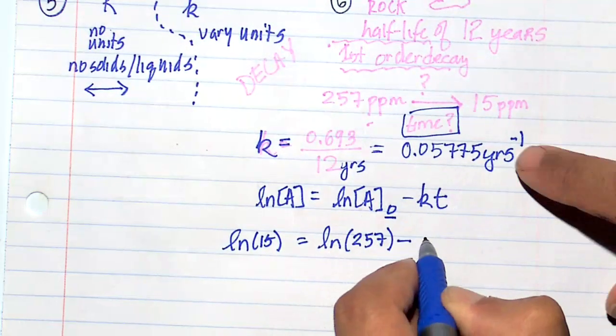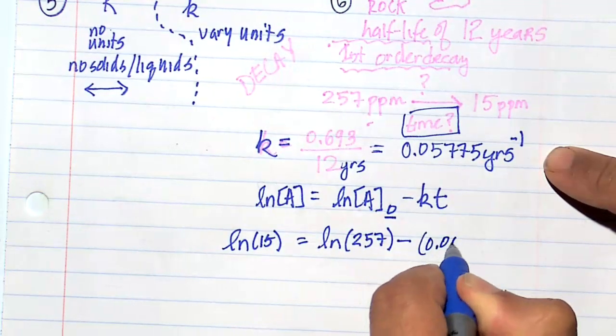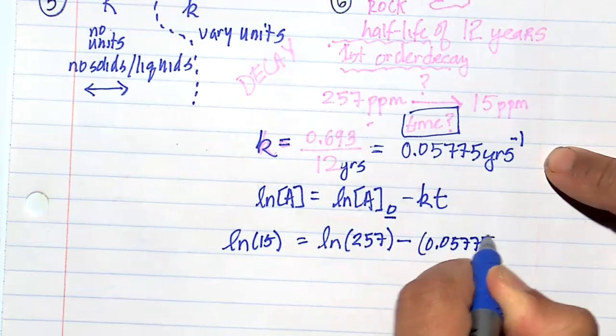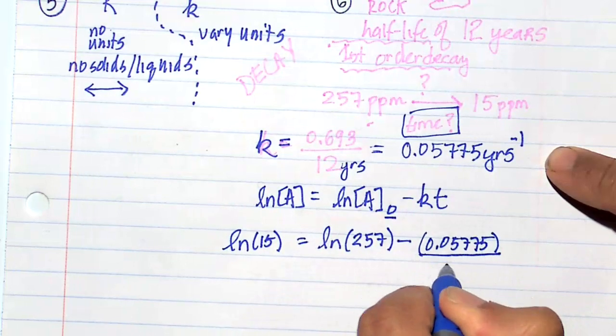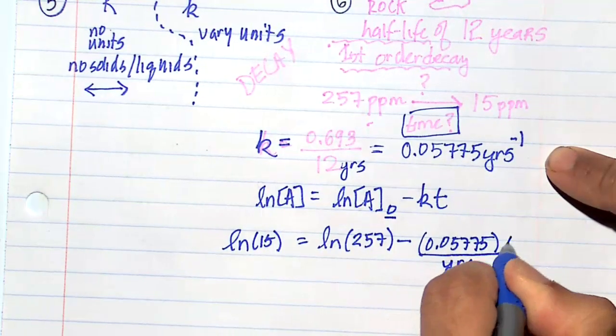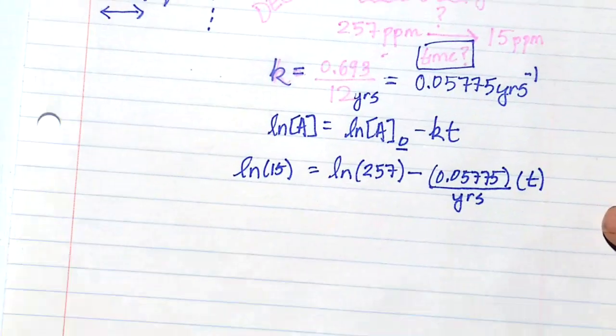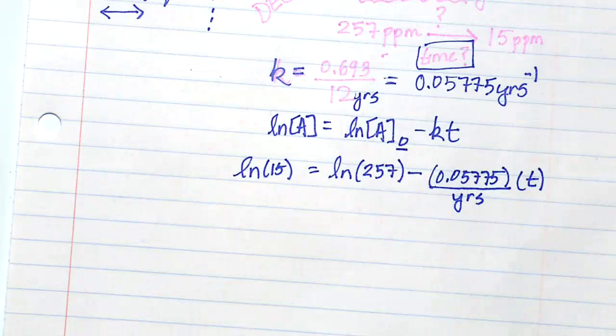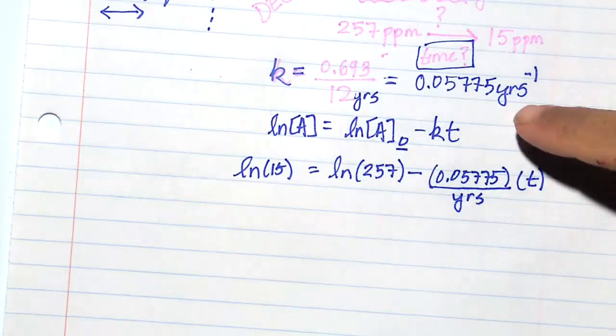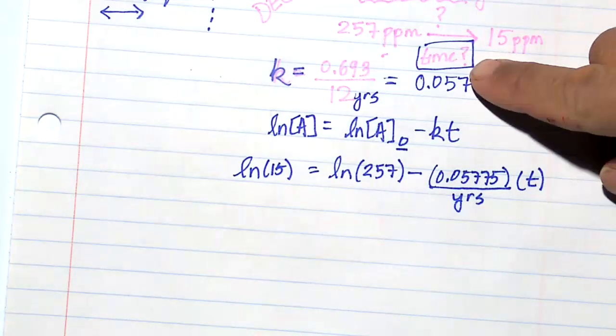Well, we already got k above, so 0.0575, and I'm going to put years in the denominator, times t. And now all we have to do is solve for t, and solving for t will solve this problem.